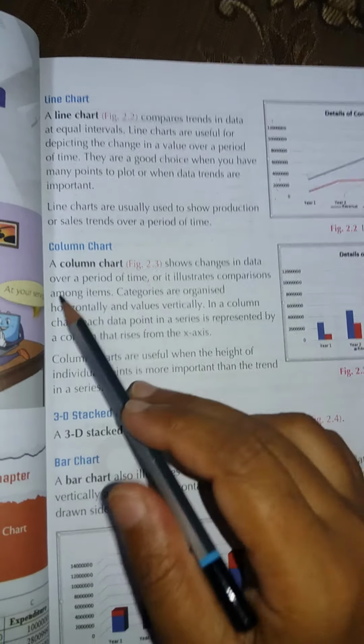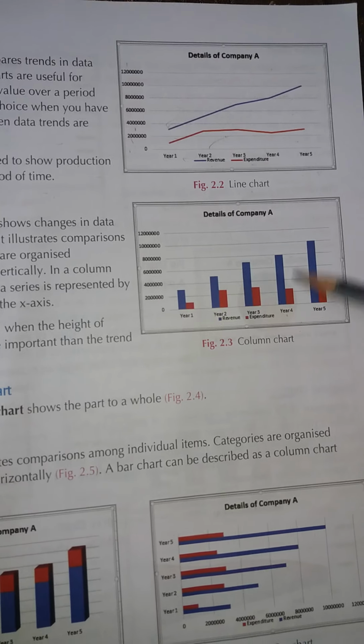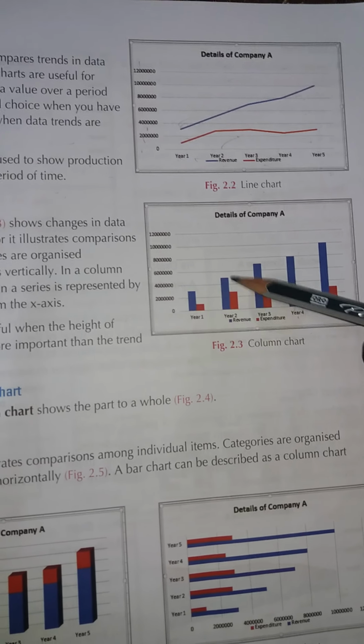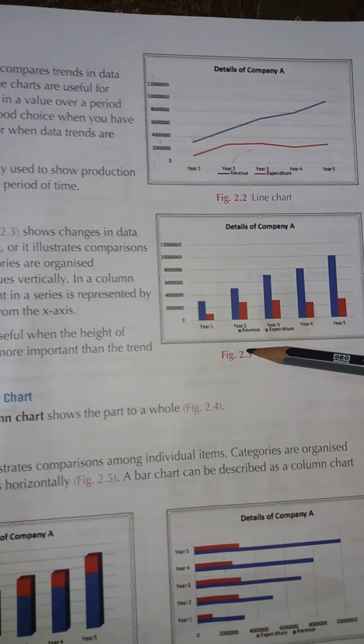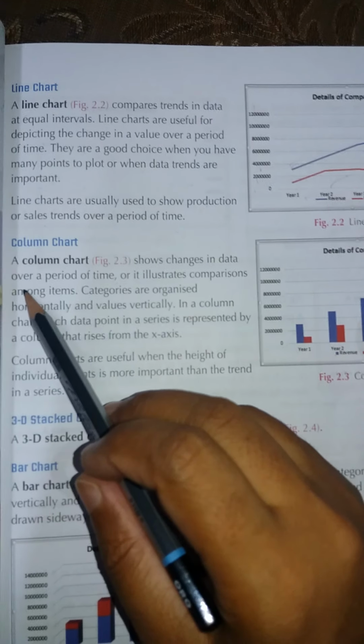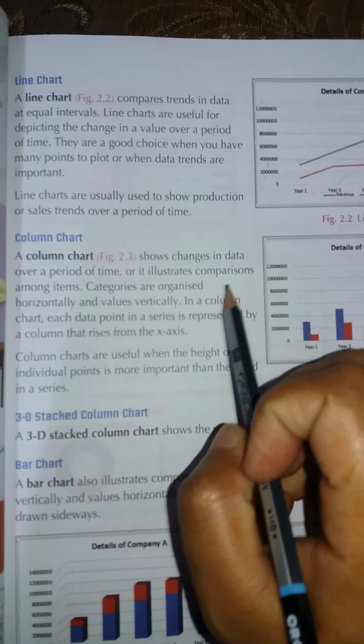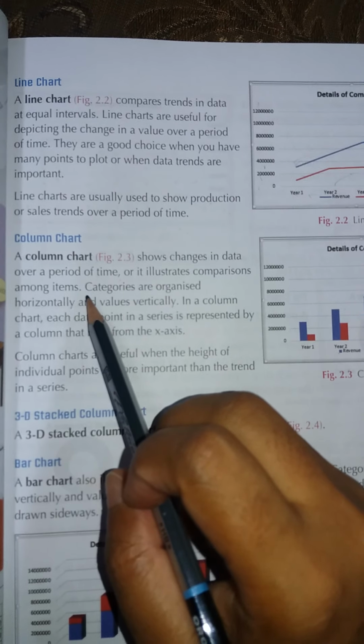Now, column chart. Look at this picture, figure 2.3. This shape is called column chart. A column chart shows changes in data over a period of time, or it illustrates comparisons among items.